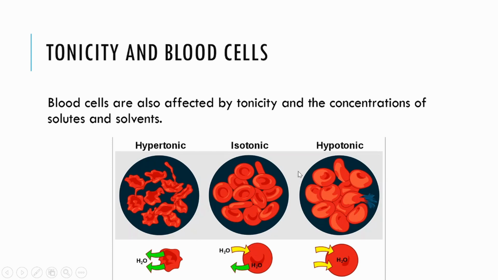In a hypotonic environment, we have very little to no solutes in the environment, meaning the high concentration of solutes is found inside of the cell. Well, remember what we talked about with the hypertonic solution is that water wants to dilute the high solute concentration. So if the high solute concentration is inside of the cell, water will flood in.